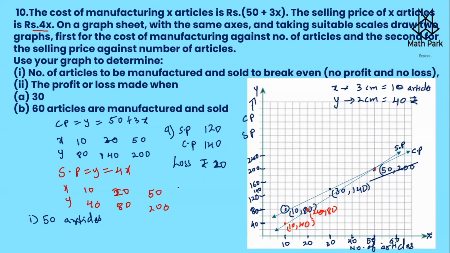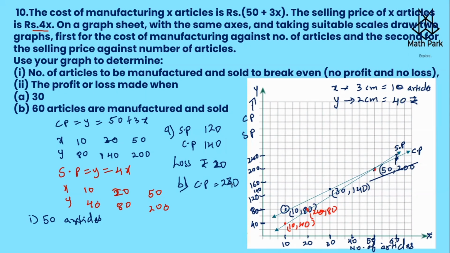Now for part B, when 60 articles are manufactured and sold, the cost price is 230.